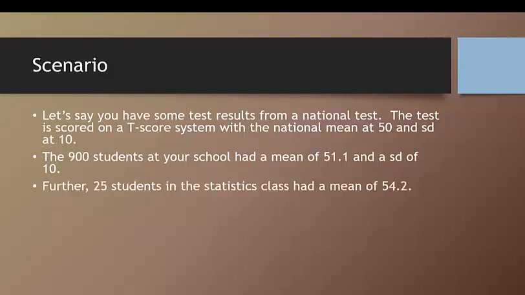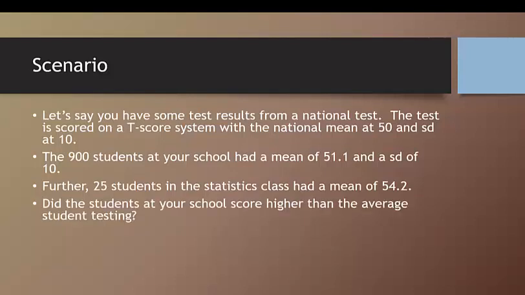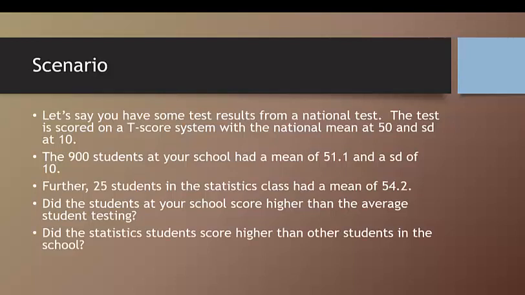Further, your statistics class that you have disaggregated out had 25 students in it, and they had a mean of 54.2. Did the students at your school score higher than the average student testing? And our second question is, did the statistics students score higher than other students in the school? Okay, so those are the two things that we want to look at.